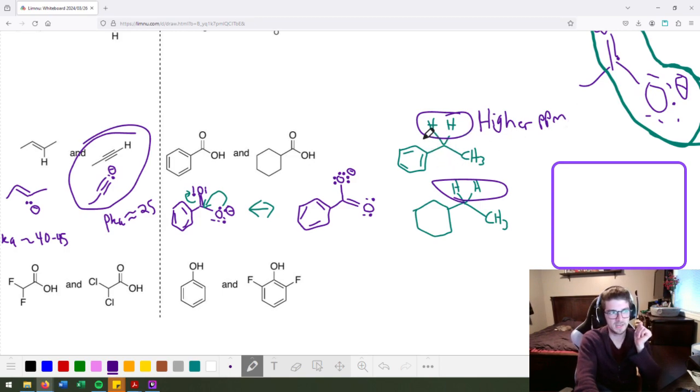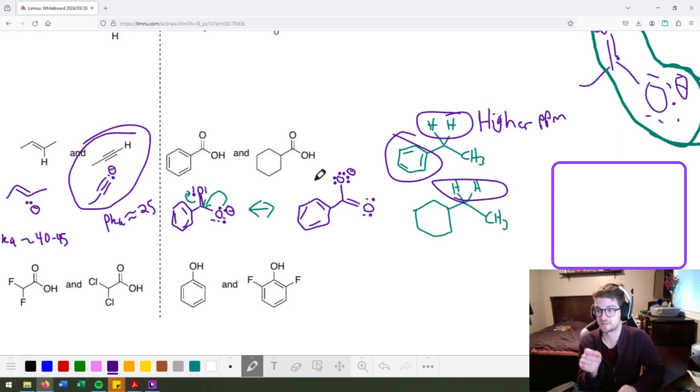Specifically because of the influence of the aryl ring, because aromatic rings, all else being equal, are intrinsically electron withdrawing, and that is what I suggest is more stabilizing in the benzoic acid versus the cyclohexanoic acid. But this is specifically an inductive effect. It is not a resonance effect.